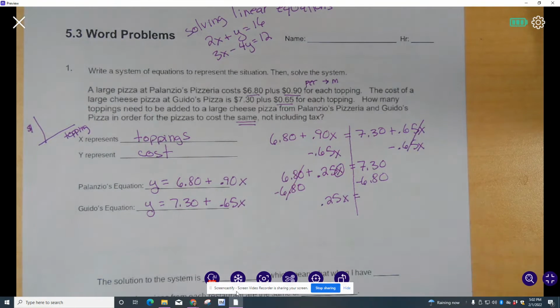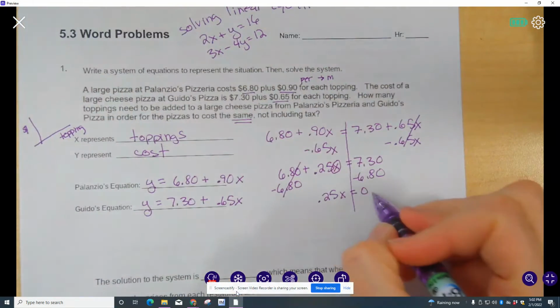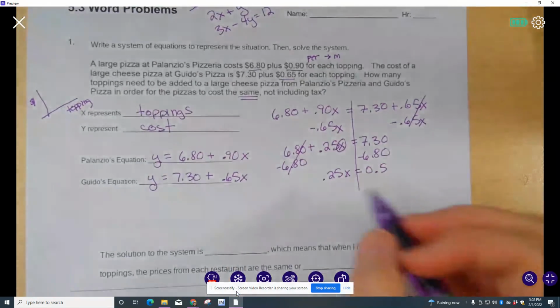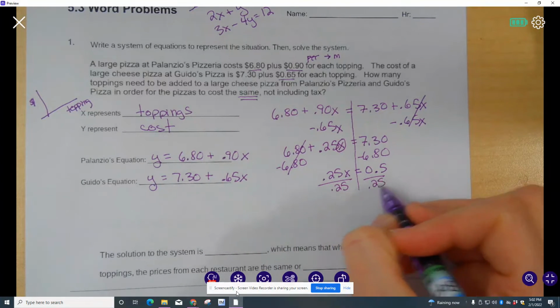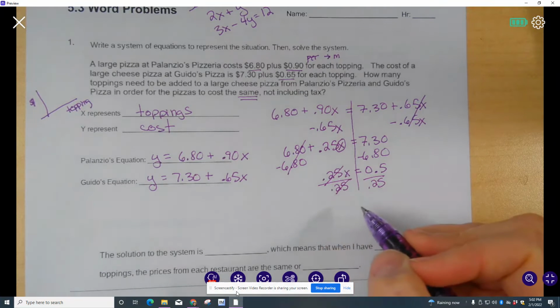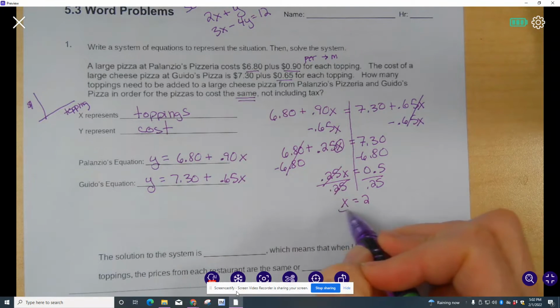Tell you what, I'm going to check that right here, live on the video. 7.3 minus 6.8, yeah, that's 50 cents, or 0.5. Divide both sides by 0.25. 0.25 divided by 0.25 is 1, so those cancel out. I'm left with 1x equals 2.